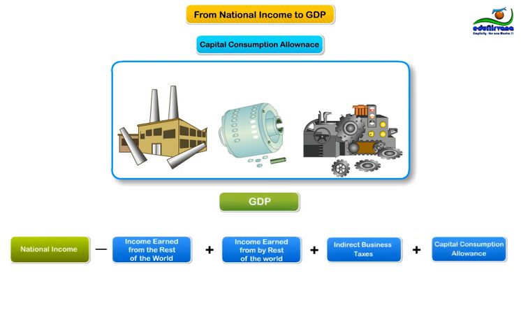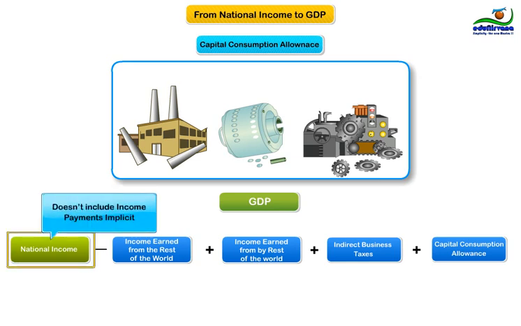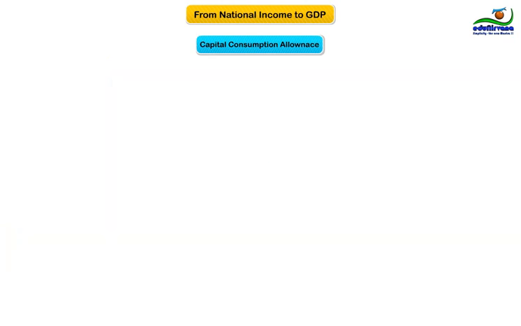We add the capital consumption allowance or depreciation to national income because we want a measure of all the income earned in the economy. National income by itself does not include the income payments implicit in the capital consumption allowance.